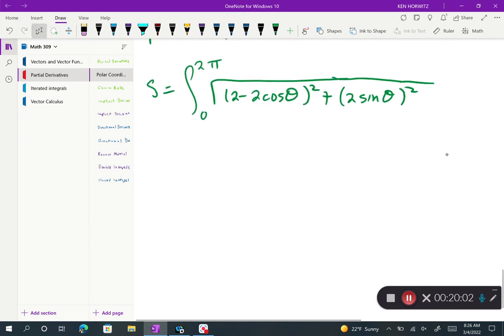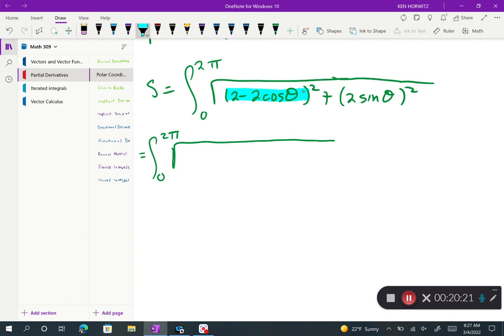Now, before I integrate, I sure would love to simplify this if I could. All right, so I'm going to integrate from 0 to 2 pi because integrating under a radical symbol, tough enough. So the first thing I'm going to do is this, you need to expand and FOIL.